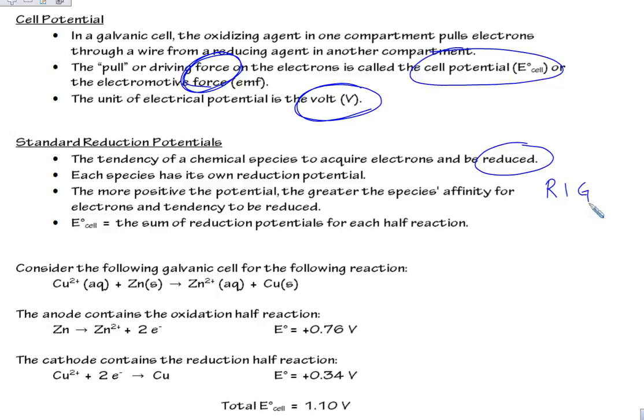Okay, so here's how you calculate the cell potential. You'll look up these reduction potentials for each of your half reactions, and you add them. So E cell, the total cell potential for your reaction, is just the sum of the individual reduction potentials for each half reaction. Well, that sounds brutally easy, doesn't it? Well, it is. But there's one catch.